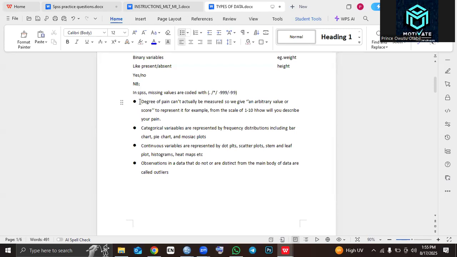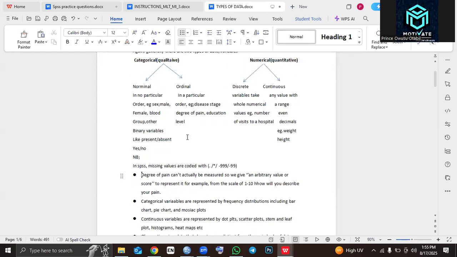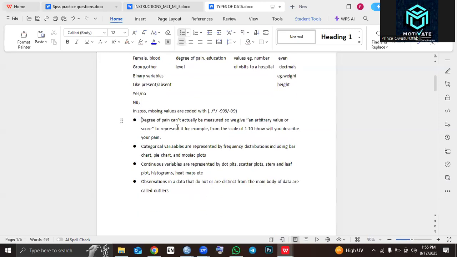Degree of pain. We said degree of pain is an example of what? The categorical variable that is under the ordinal variable, right? Now, degree of pain can't actually be measured. For example, if I pinch you right now and ask you if it is painful, all you can say is maybe yes, it's painful, or it's very painful, or it's not painful at all, or it's moderate, or whatever, right?